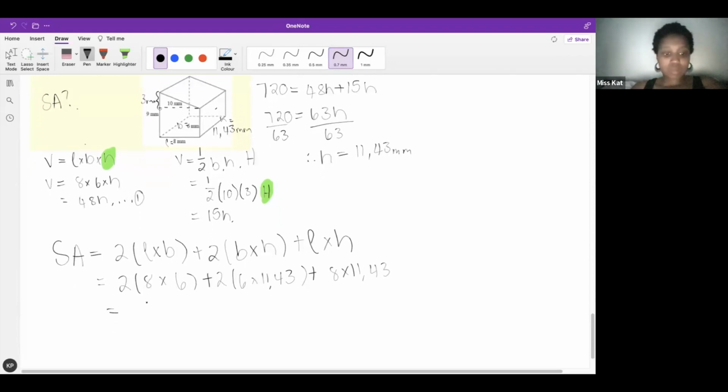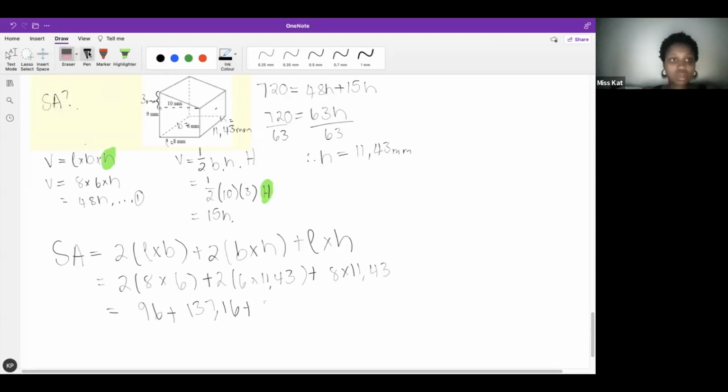This is 48 times 2, which will give you 96, plus, let's see, I hope we're all working out, not just me, 11,43 times 12 is 137,16, plus 91,44. Let's see if I get the same answer as you.